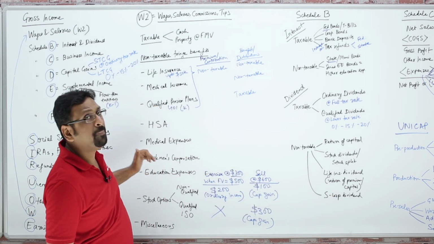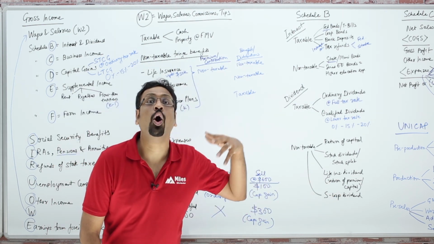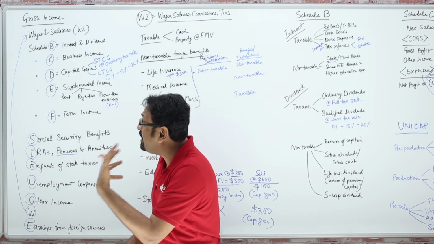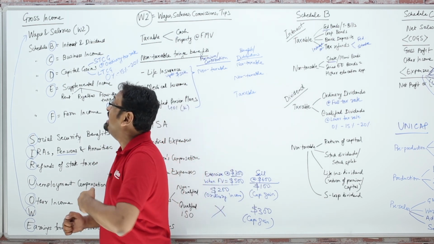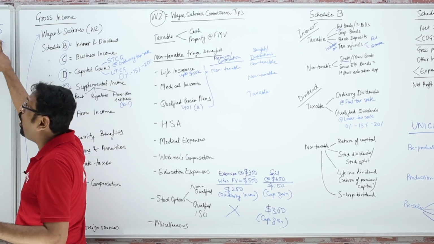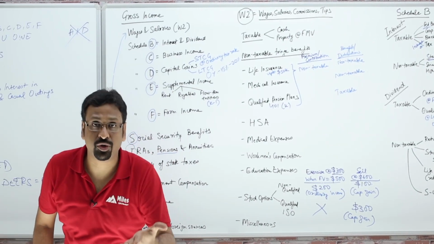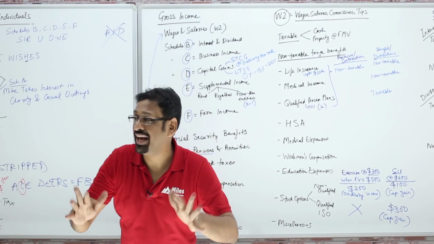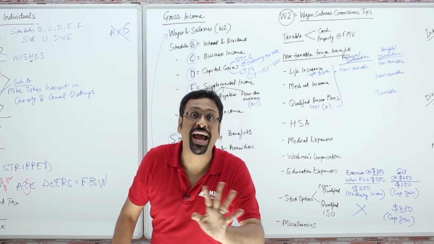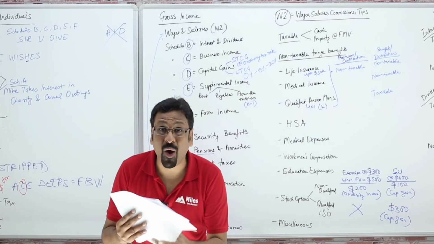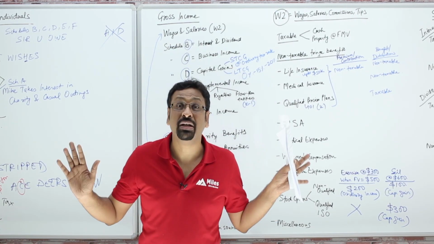Distributions from workmen's compensation are non-taxable. And that is how we look at the AID, where the D of AID is distributions. So guys, once again, AID is non-taxable income which does not get included on your 1040.